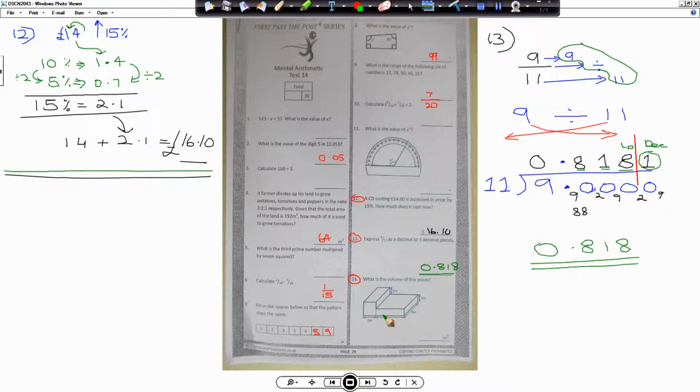So we have 2 cuboids. We can call them cuboid A and cuboid B. So number 14 I'm going to do over here. We're going to work out the volume of cuboid A, and add to that the volume of cuboid B, and that will give us the total volume of the prism.